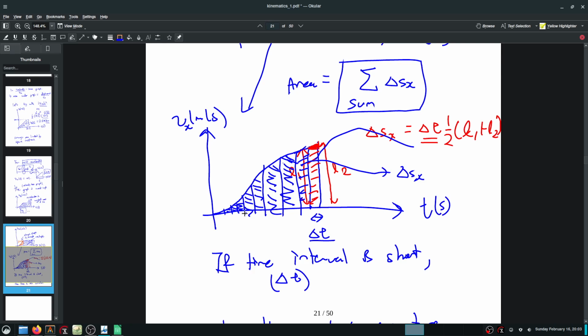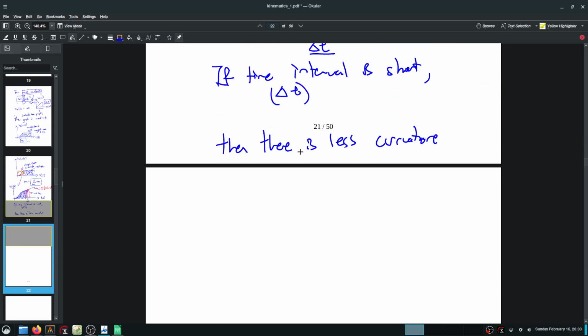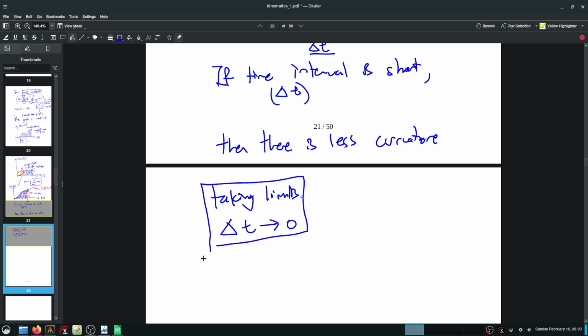Now, if you really want to be accurate, you can make your delta t so small. This is what we call taking limits. This is a very important idea. I don't know whether they do it in O level, but at A level you will definitely come across this. We take the limit as delta t goes to 0.